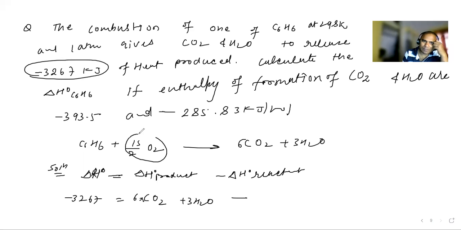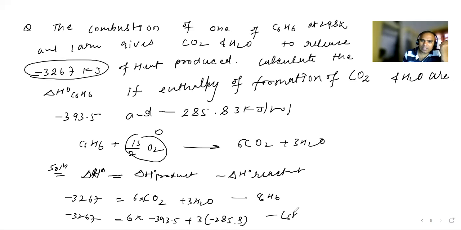For O2, the standard enthalpy in its natural state will be 0. So here the value they have given, minus 3267, is equal to 6 times the enthalpy of CO2, minus 393.5, plus 3 times water, minus 285.8, minus C6H6.